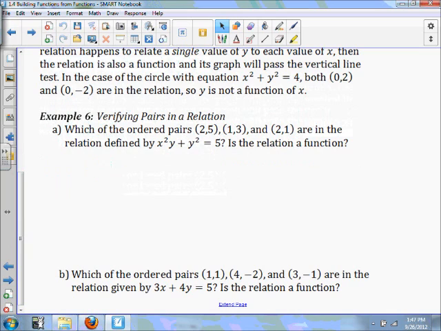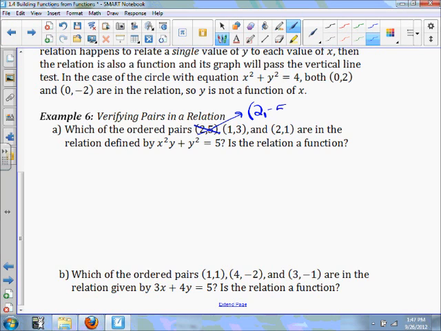Now one thing I do need to change is the first ordered pair here. This should be the point (2, -5). Now, which of the ordered pairs (2, -5), (1, 3), and (2, 1) are in the relation defined by x squared y plus y squared equals 5? Is the relation a function?